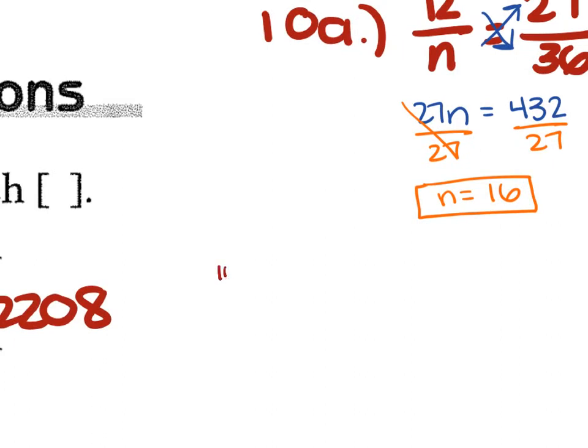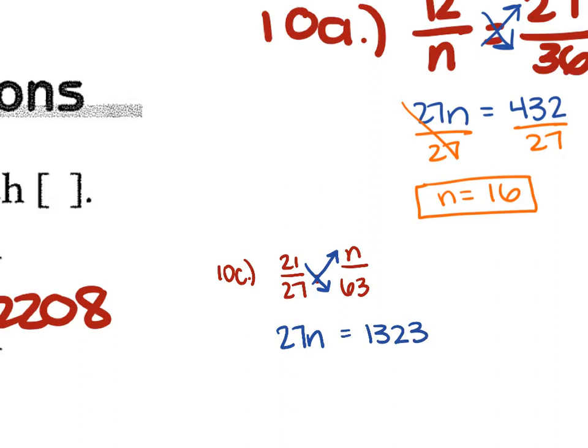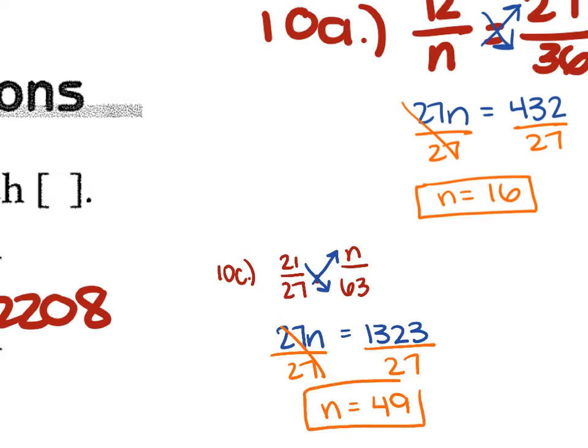For C, we are given 21 over 27 is equal to n over 63. So we're going to cross multiply. 27 times n is 27n, and 21 times 63 gives us 1323. So 27n is equal to 1323. We're going to divide each side by the 27. And n is equal to 49.